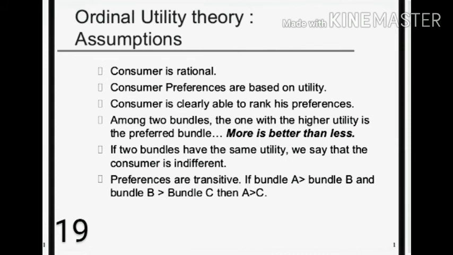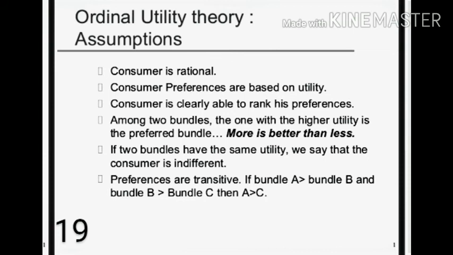Ordinal utility theory assumptions. The consumer is rational. Consumer preferences are based on utility. The consumer is clearly able to rank his preferences. Among two bundles, the one with the higher utility is the preferred bundle. More is better than less.